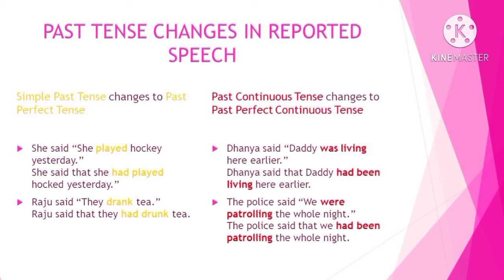If it is regular verbs, then you need to only add had over there. But if it is irregular verbs, then you have to remember that it is V3 form and it has to be changed accordingly. So played will become had played, jumped will become had jumped, smiled will become had smiled, danced will become had danced. Regular verbs.